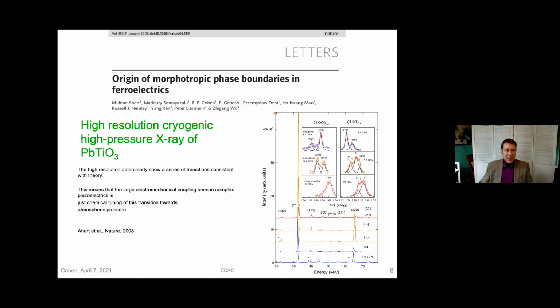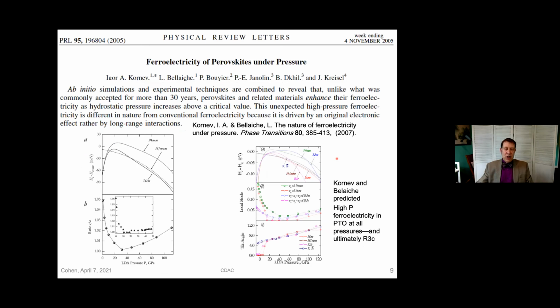And I mentioned this already, this experimental work by Mukhtar, where there are X-ray data shown here that showed this monoclinic phase transition. And there was also Raman showing the transition as well. And then these are the results in the paper by Kornev et al. This is actually their PRL shown here, and then later their long paper in Phase Transitions.